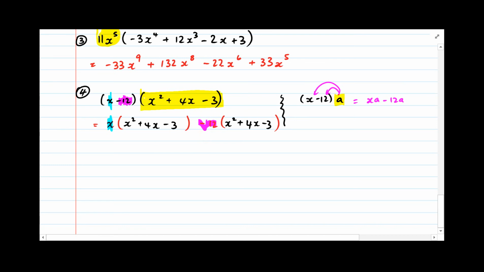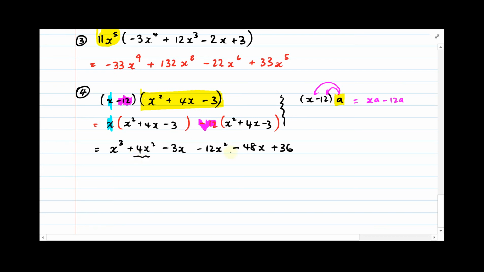All right, so let's see what we get. The final result: distribute the x, and we have x cubed plus 4x squared minus 3x. Distribute the minus 12, and you get negative 12x squared minus 48x plus 36. So essentially we have to combine like terms.